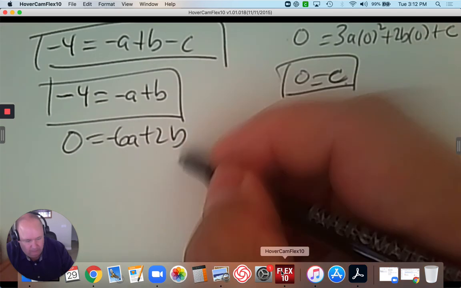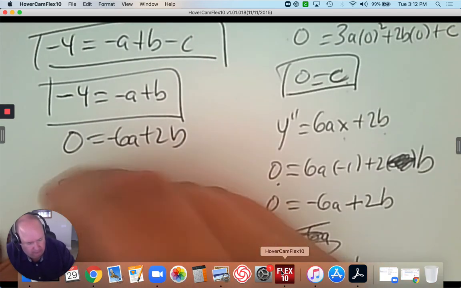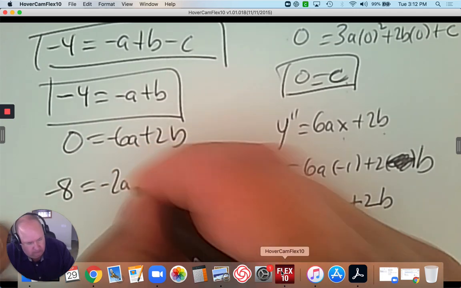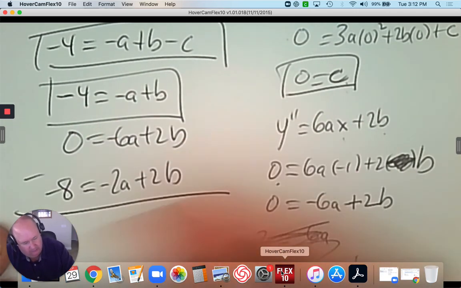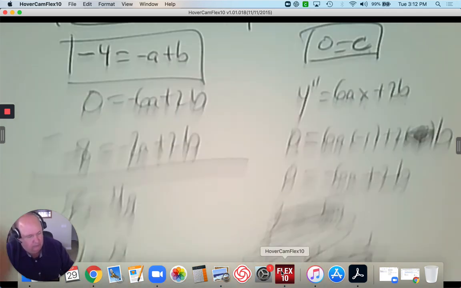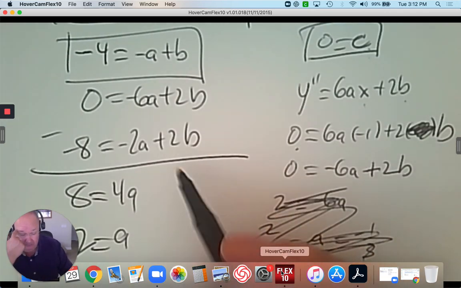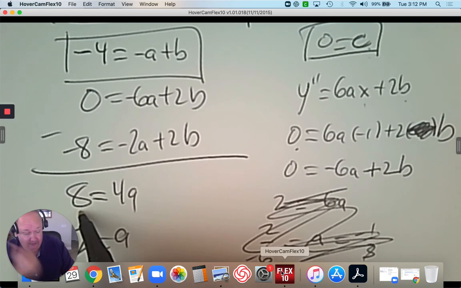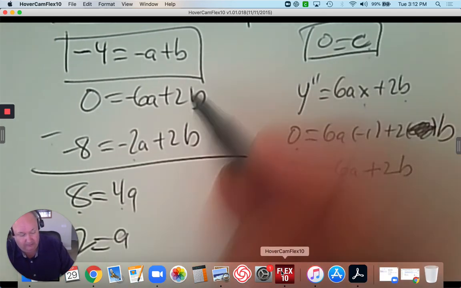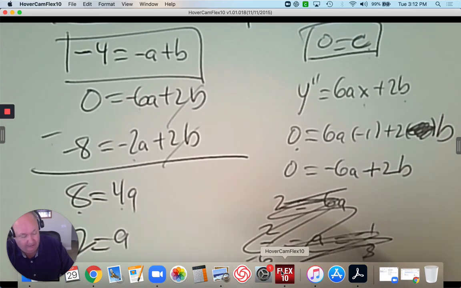Now I have two equations, two unknowns. So I'm going to multiply the top one times 2 and then subtract and then divide. So if I multiply it times 2 and subtract, I get positive 8. Negative 6 subtract negative 2, that's positive 4a, and they eliminate. Divide, I now will know what a is.